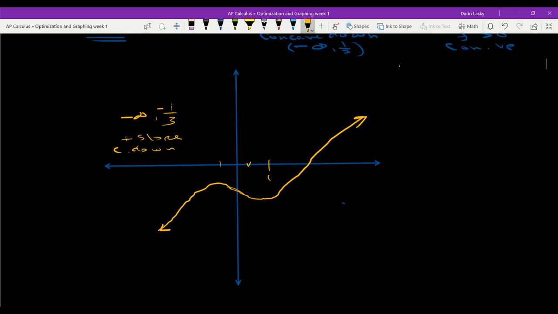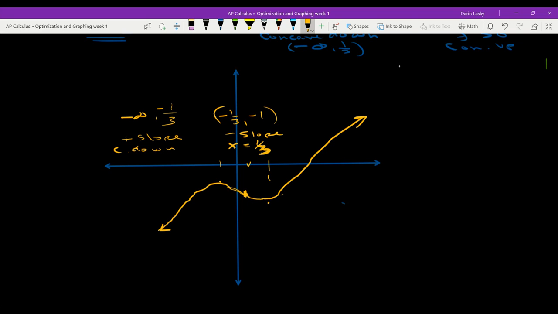Then from negative 1/3 to 1, we have a negative slope, but it has an inflection at x equals 1/3, meaning it starts changing its cup. If we look at it right here, it starts doing a cup up, and this is the cup down. That's what an inflection point is.